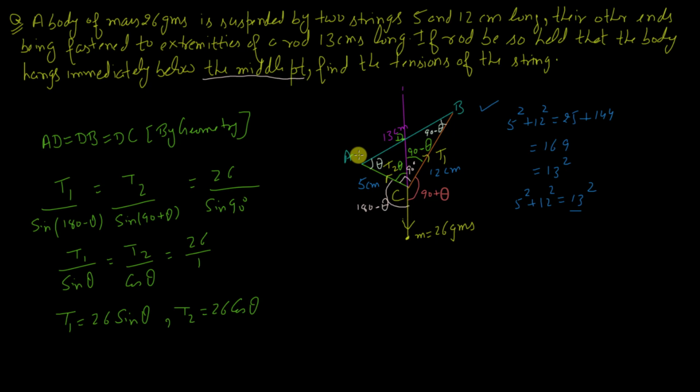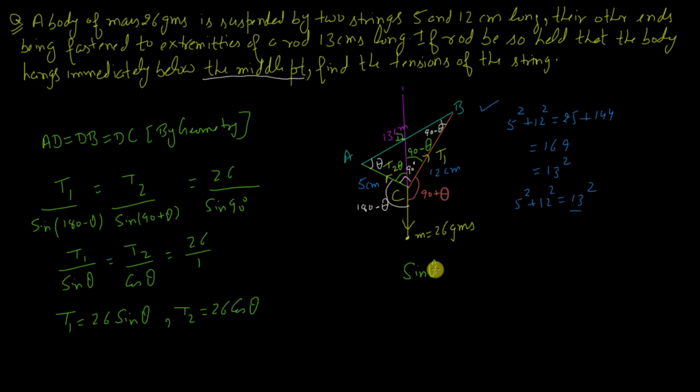Now in triangle ABC, what will be sine theta and cos theta? If this angle is theta, this angle is 90 degree. Fine. So opposite to 90 degree is hypotenuse, and opposite to this one, BC upon AB will be sine theta.